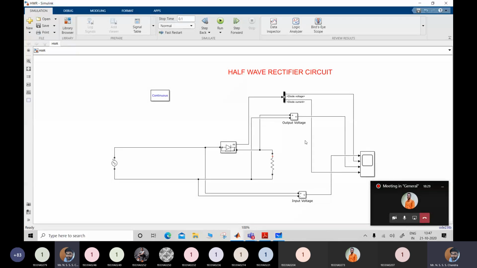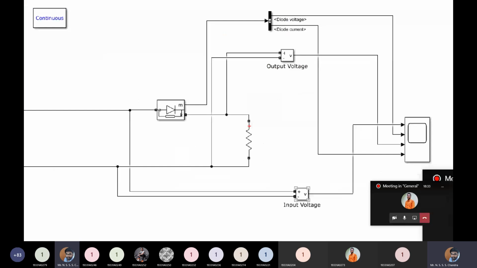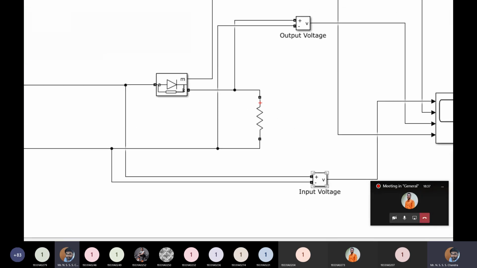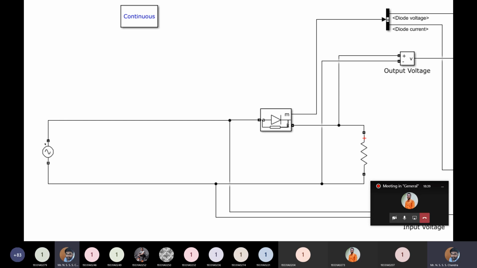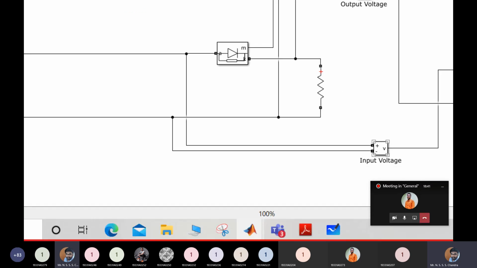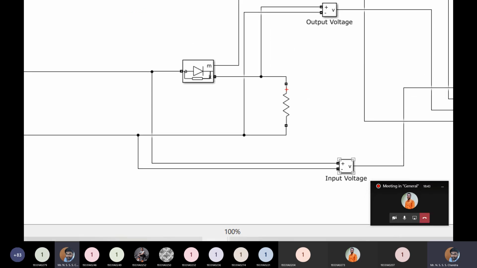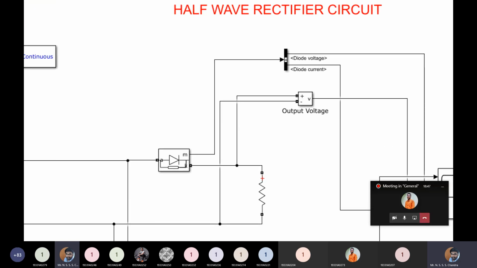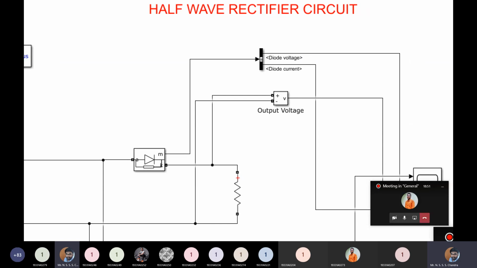Now coming to the measurements, I'm taking a voltage measurement unit. I've named it input voltage, and I'm connecting it across the supply terminals. It measures your input voltage. I also have another voltage measurement unit, which I named output voltage.